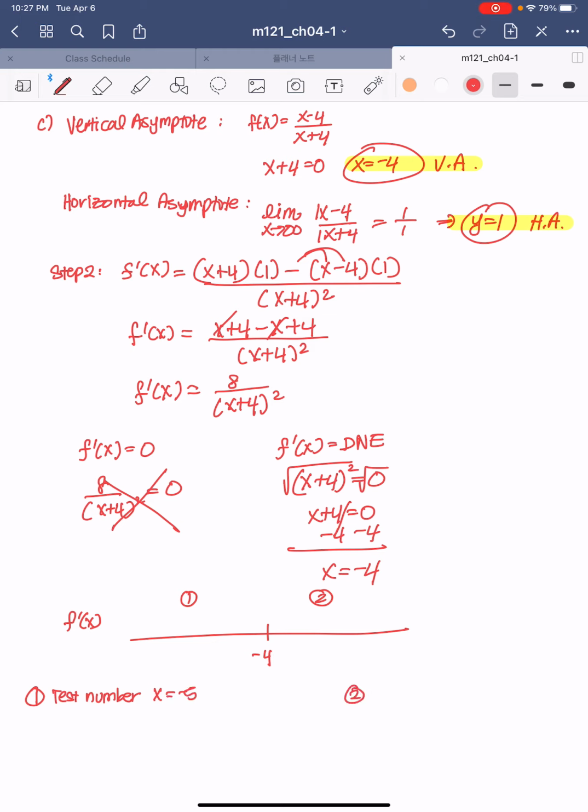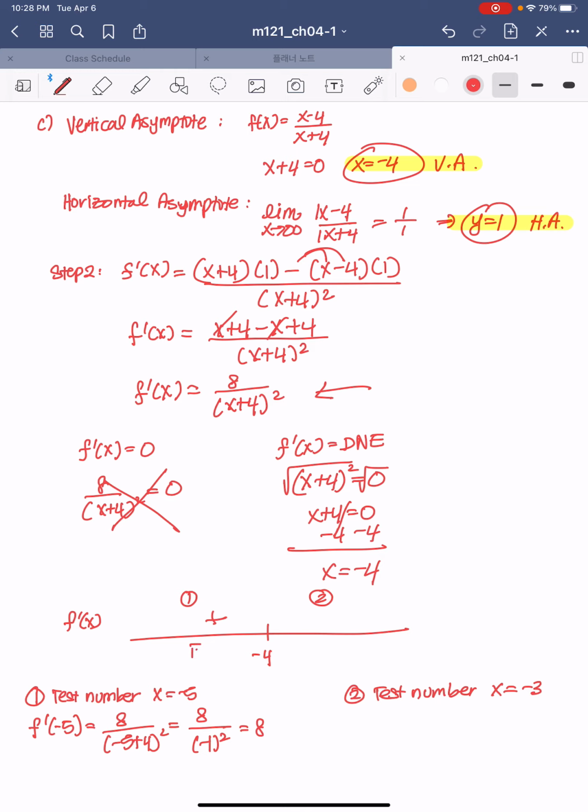And then for the second region, the test number that I'm going to use will be, let's say, negative 3. Anything bigger than negative 4. So we plug it into the first derivative. So 8 over (negative 5 plus 4) squared, that will be 8 over (negative 1) squared, which is positive 8.